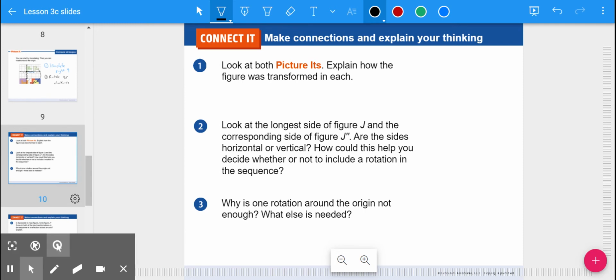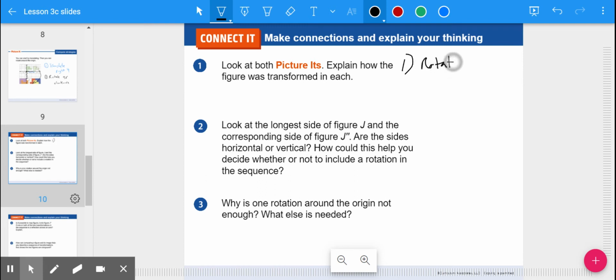Number 1 says, look at both pictures, the two different ways we did it on the other page. Explain how the figure was transformed in each. We wrote it on the slides. We don't have to say it both ways, but in one of them we did a rotate, then translate, and the other one we did the opposite.